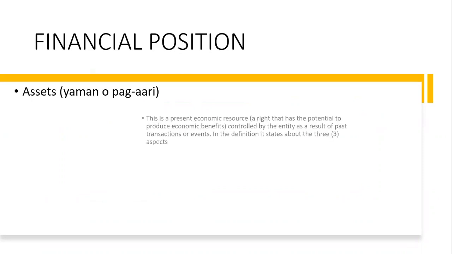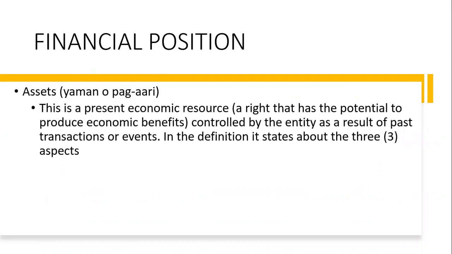So for financial position, the first one is assets, or in Tagalog, yaman o pag-aari. This is the present economic resource, sorry. A right that has the potential to produce economic benefits, controlled by the entity as a result of past transactions or events.